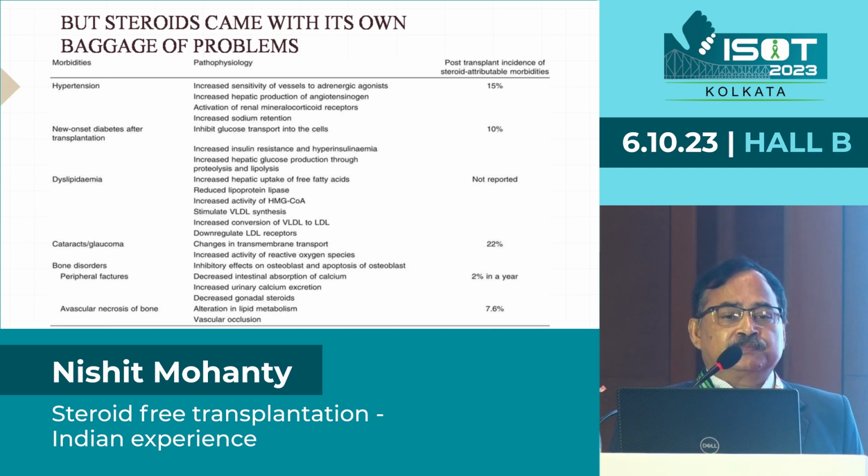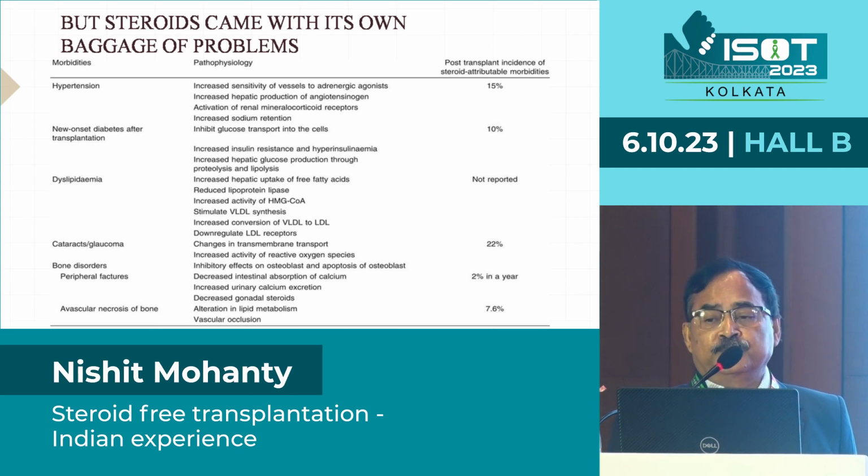The steroids came with their own baggage of problems, starting from hypertension, new onset diabetes, NODAT, dyslipidemia, cataract, glaucoma, bone disorders, bone fractures, and AVN, avascular necrosis of bone. These are not small complications; the incidence is not that low.